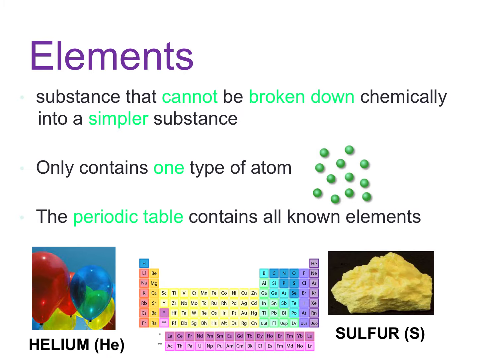When we talk about elements, of course, I did say if it's not on the periodic table, it's not an element. It is a substance that cannot be broken down into a simpler substance. These are the smallest building blocks of all matter. Again, they only contain one kind of atom. And if we want to find a list of them, we have our periodic table.